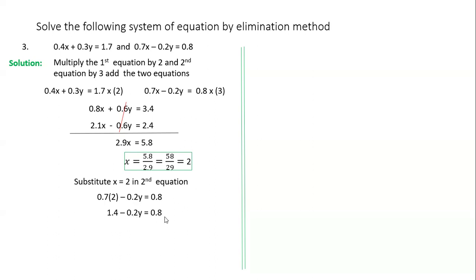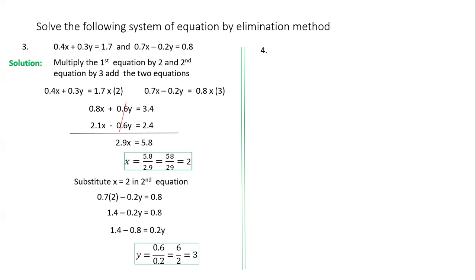Bring it to the other side: 1.4 minus 0.8 is equal to 0.2y, which gives 0.6. 0.6 divided by 0.2, remove the decimals, you get 6 upon 2, so y is 3. So x is equal to 2 and y is equal to 3 is your solution.